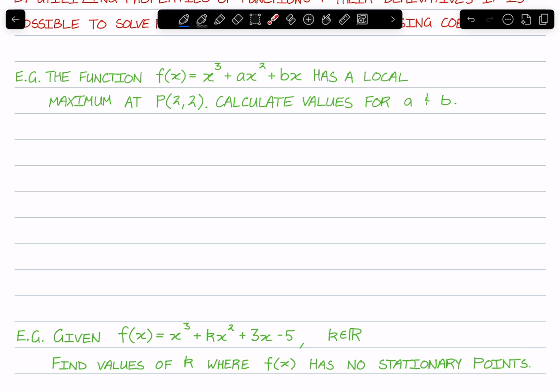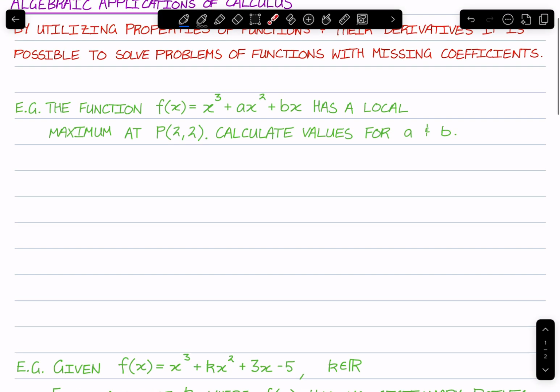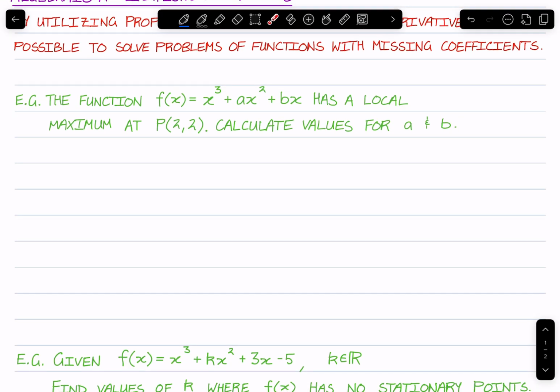So the function f of x equals x cubed plus ax squared plus bx has a local maximum at the point P (2, 2). We're now going to find values for a and b. So this simply requires us to use whatever properties that we know to solve this.